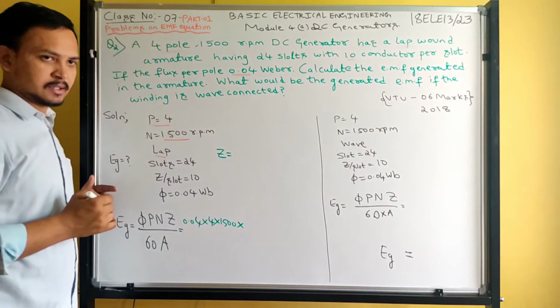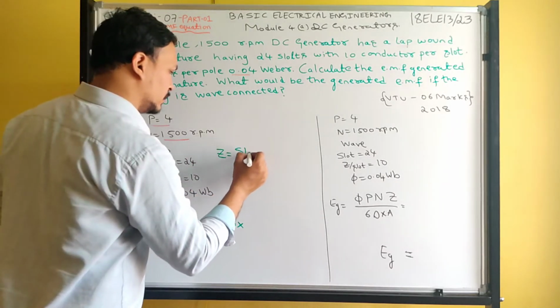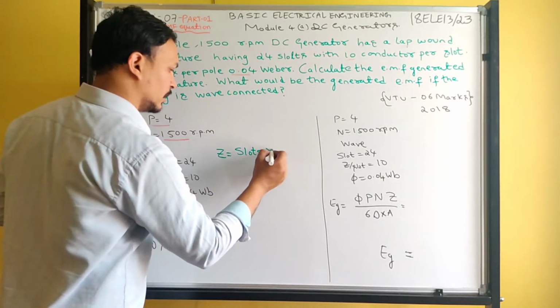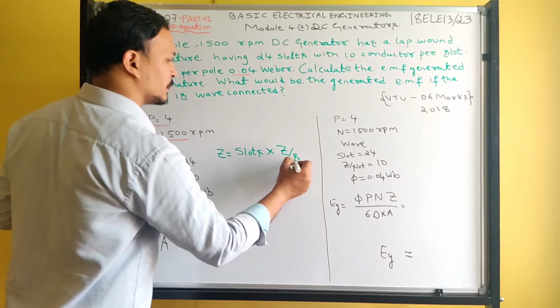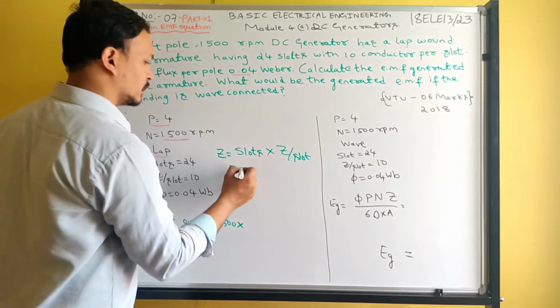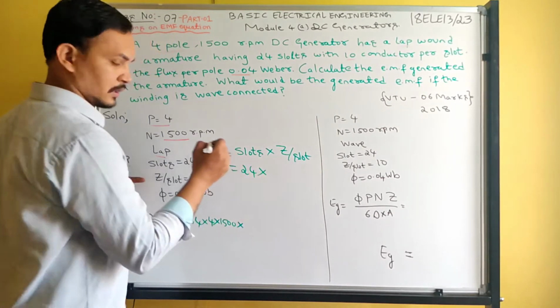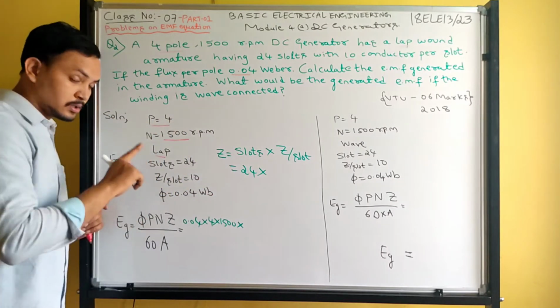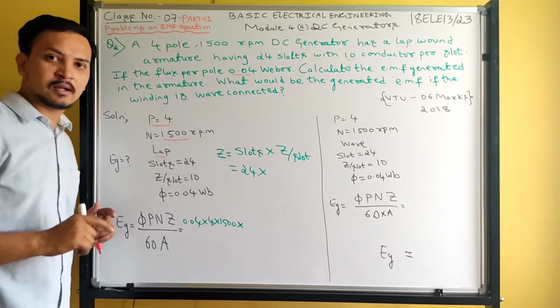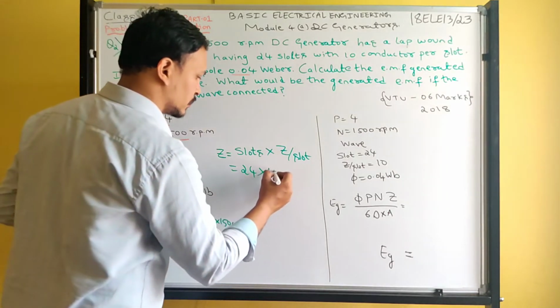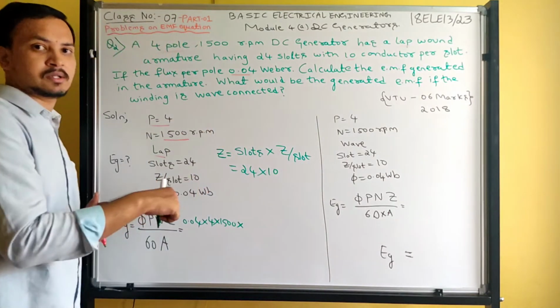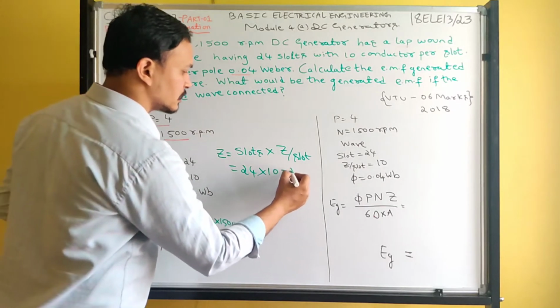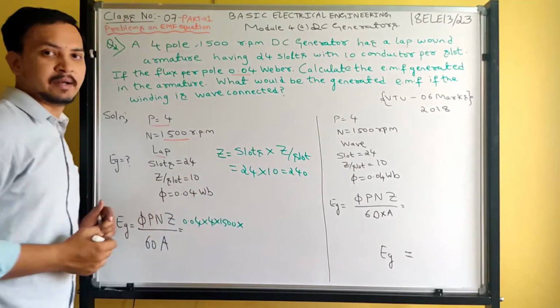How to find that? Total number of conductors is equal to total number of slots into conductors per slot. There are 24 slots. In one slot, how many conductors are there? 10 conductors. Multiply this, you will get 240 conductors.